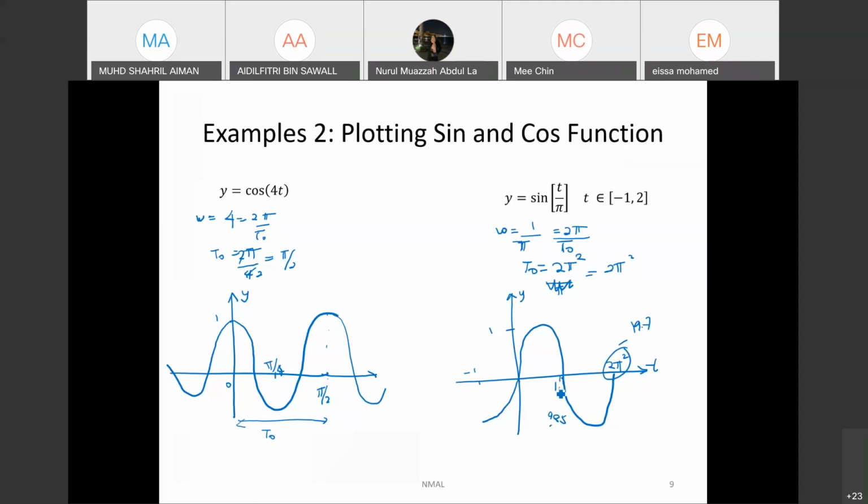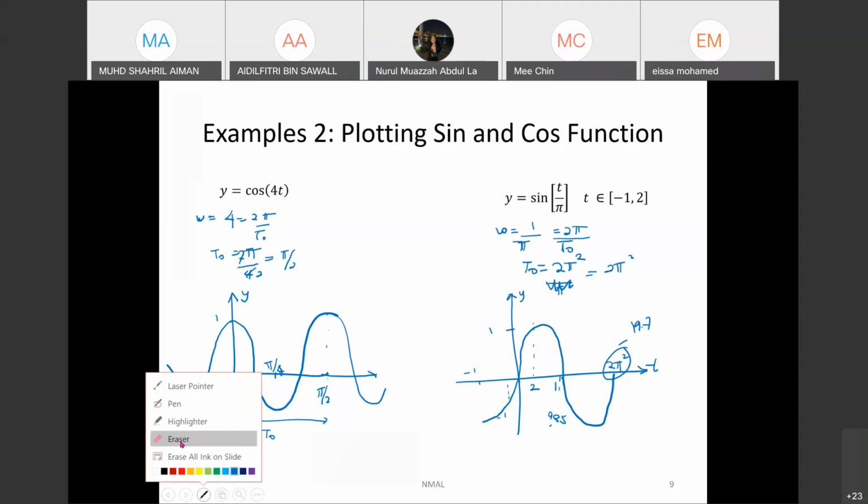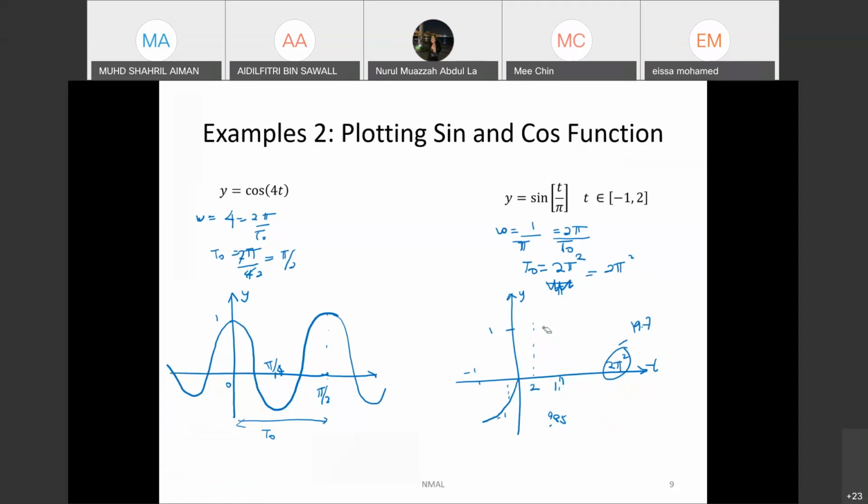Okay, so it means that your signal has to be cut short to somewhere here, at 2. When you draw, it should be only a little. You should draw up until here only.